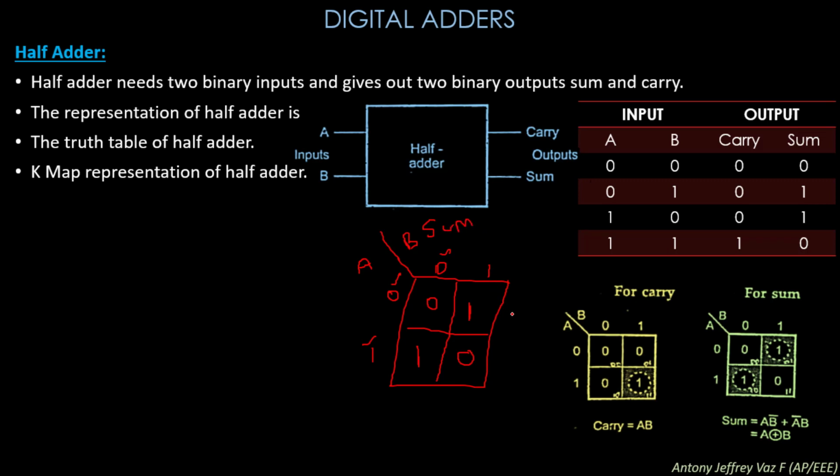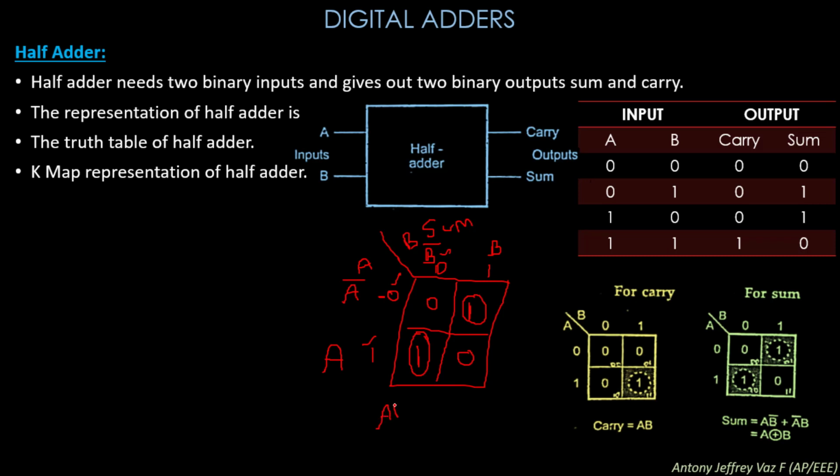For this K-map, you can see this bit and this bit represent the values. This one will be A bar, because you have 0 over here, so you should write it as A bar, and here you should write it as A. Similarly here it is B bar, and in the above category it is B. So if this is 1, you should write A and B bar.